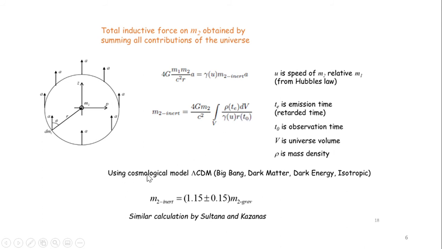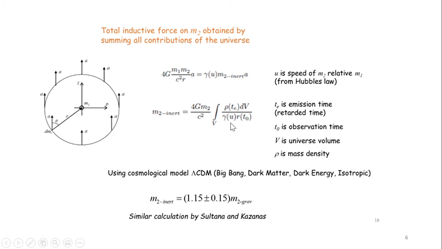So I use the standard cosmological model today, lambda CDM, which is Big Bang, and it contains dark matter, dark energy, and also radiation, and then the real matter, or daily matter. So there are four different sources of mass in this model that we have to take care of. The density of these different masses varies differently with time, but all of this is included in the model, which is parameterized.